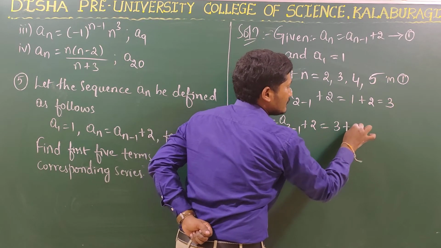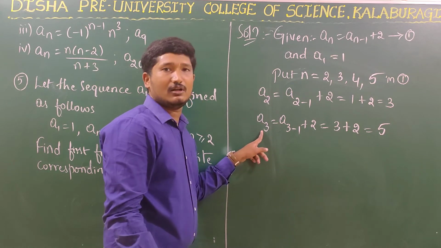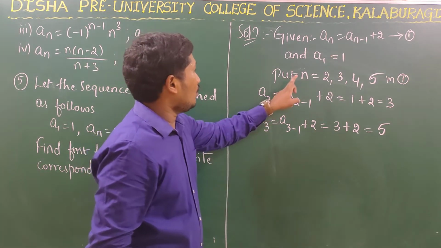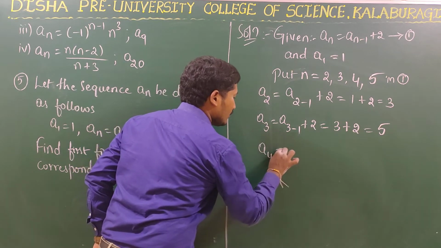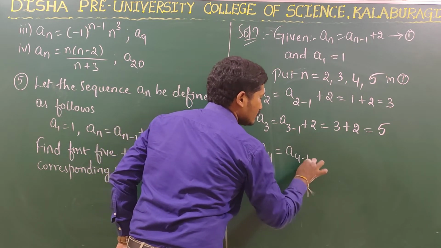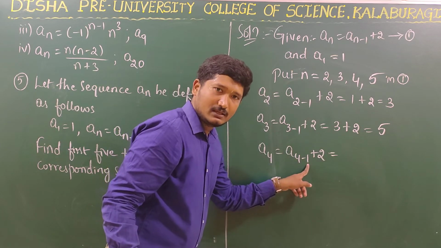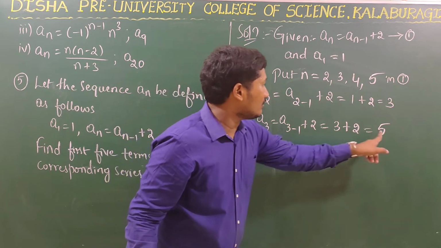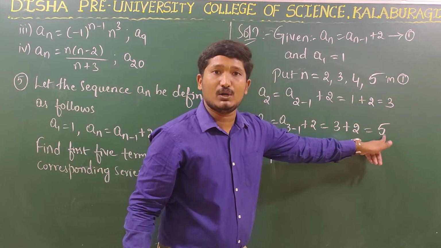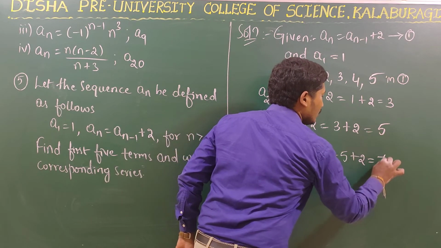So 3 plus 2 is equal to 5. So this is the third term of the sequence. Now put n is equal to 4. a4 is equal to a4 minus 1 plus 2, and 4 minus 1 is 3, so this becomes a3. a3 means the third term of the sequence, that is equal to 5. So 5 plus 2 is equal to 7.